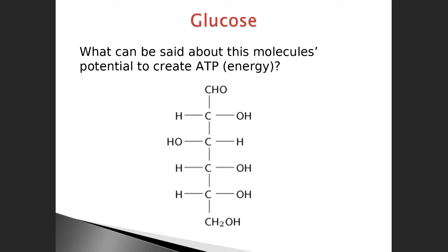Here we go. The most important part of catabolic cellular respiration is the liberation of hydrogen and their corresponding electrons, because that's what's going to be used by the cell to create energy, ATP. Okay, good.